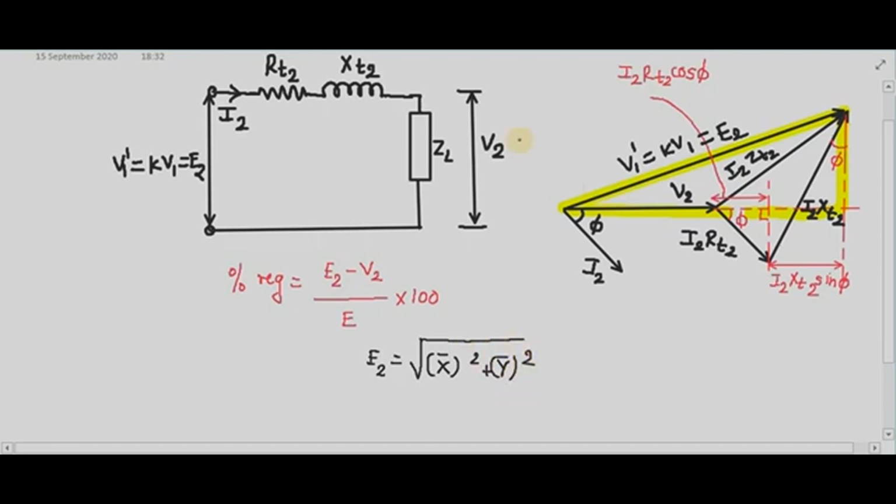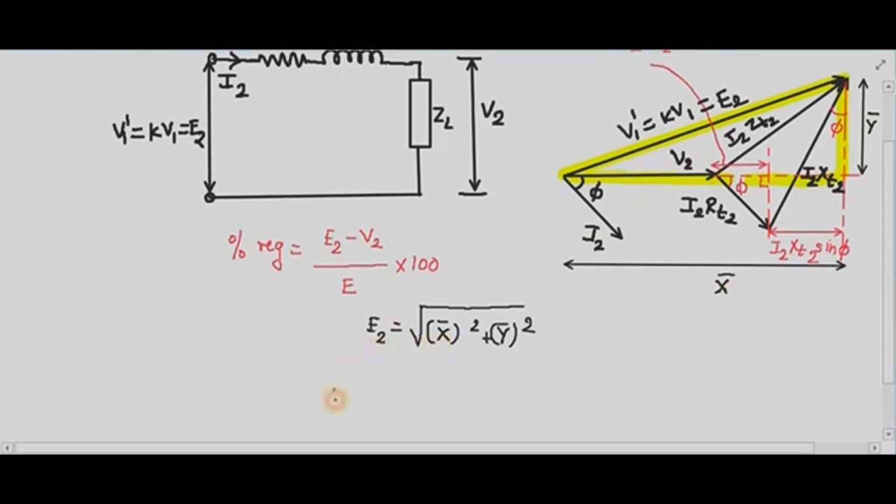What is the horizontal component? The horizontal component of this triangle is nothing but, the vertical component is nothing but this, means y bar. And what is the horizontal component of this triangle? I will mark on the downward side. So this will be your x bar, right? So I just have to find out E2.